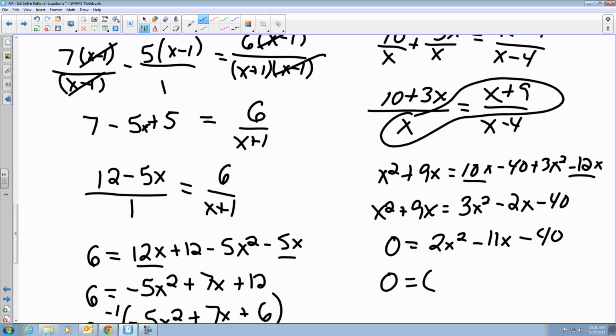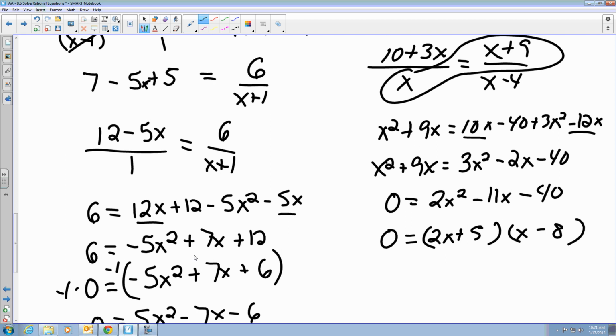I can use reverse FOIL to factor this out, so I got 2x here, x here, and I'm left with a plus 5 and a minus 8. So x could equal negative 5 over 2, and x here could equal 8, using the zero product property.